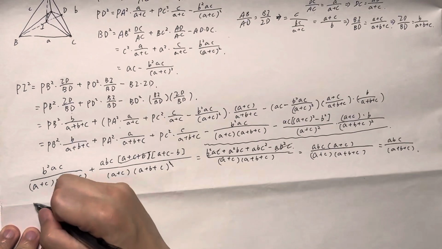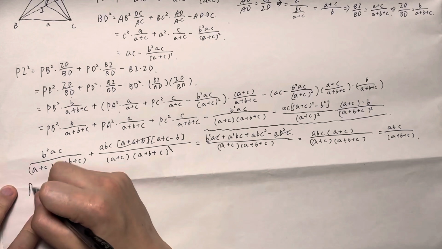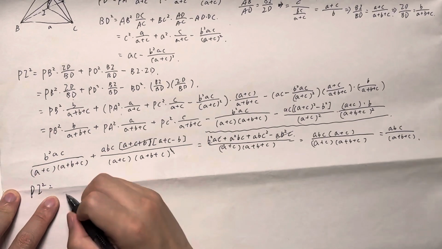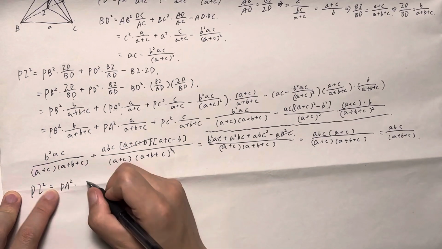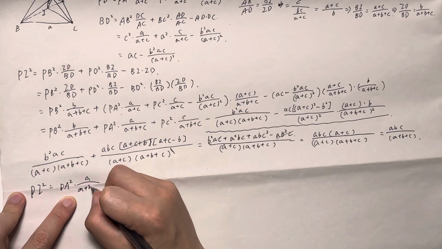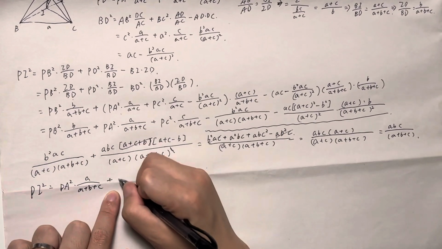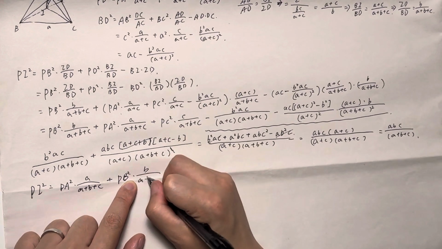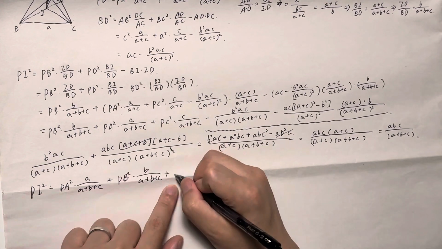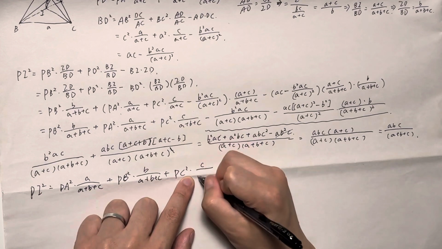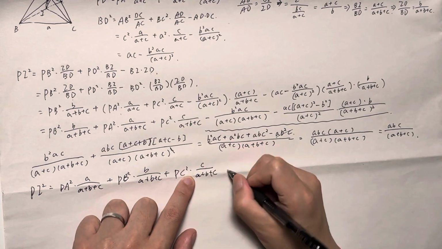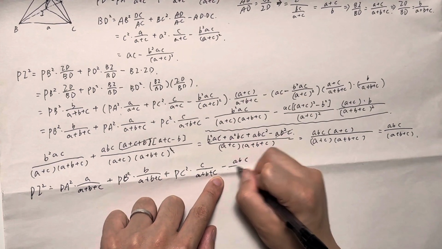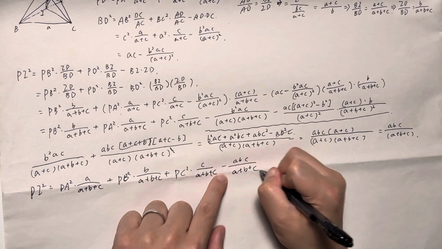So that means PI squared equals PA squared times A divided by A plus B plus C plus PB squared times B divided by A plus B plus C plus PC squared times C divided by A plus B plus C minus ABC divided by A plus B plus C, right?